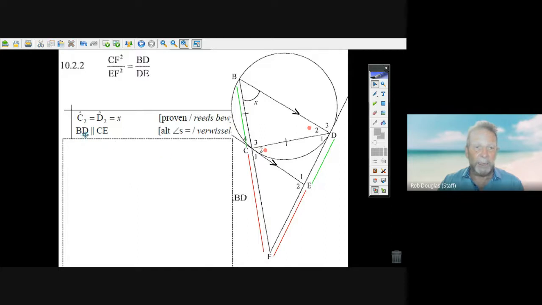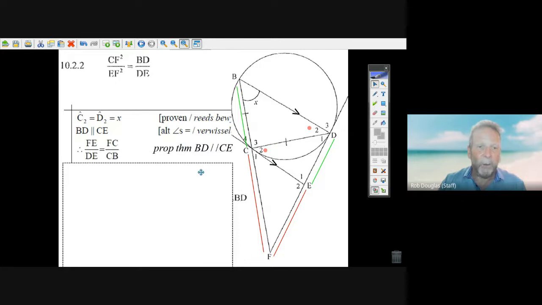So BD is parallel to CE because the alternate angles are equal. Well, now we can make fractions. We can go FE over ED equals FC over BC. The sides match up because of the proportionality theorem, because BD is parallel to CE.